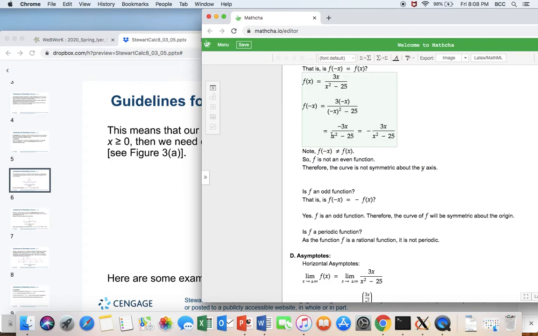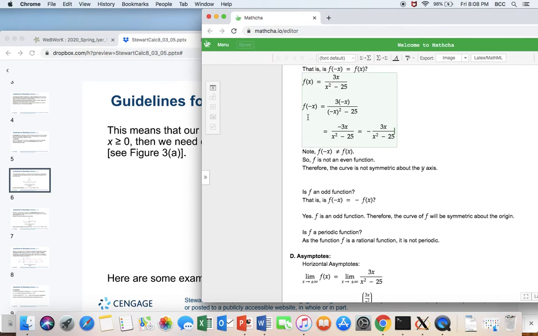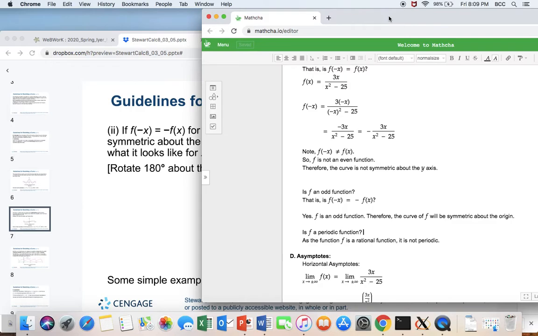So this is nothing but the negative of 3x over x squared minus 25. In other words, f of negative x is negative of f(x). So this is an odd function. So the curve will be symmetric about the origin. So whatever we are drawing later, it will be symmetric about the origin. That is, the rotation should help. Okay, it should bring it back.